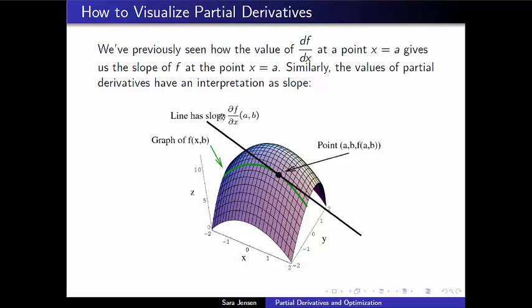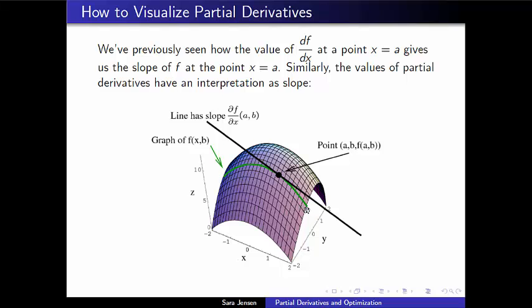Recall that when we take the partial derivative of the function f with respect to x, we pretend that the y variable is a constant. If we think about taking some specific y value, say y equals 0 here, and plugging that into our function f, then that function f would become a function of a single variable, and it would be this green line right here.